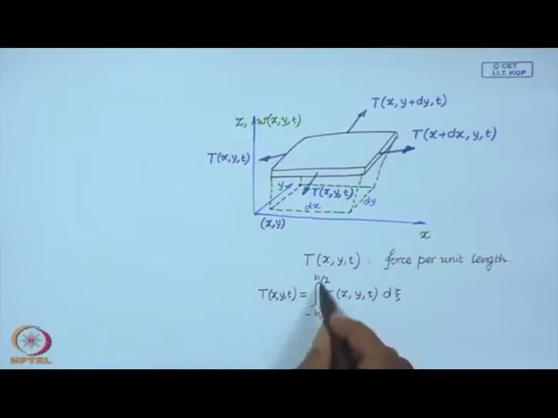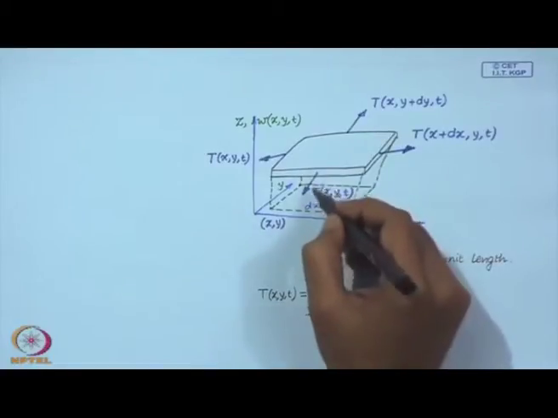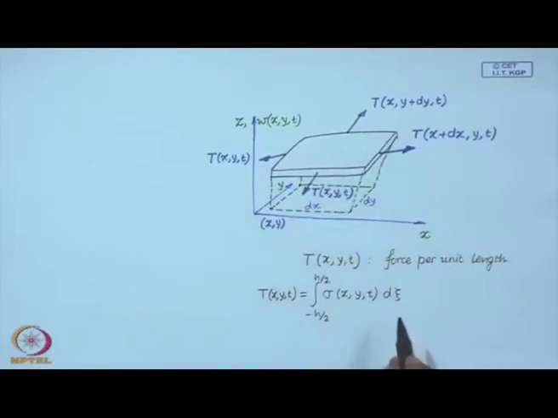So, stress integrated over the thickness of the membrane is force per unit length, some kind of a stress resultant. Using this, we are now going to write down the equation of motion.